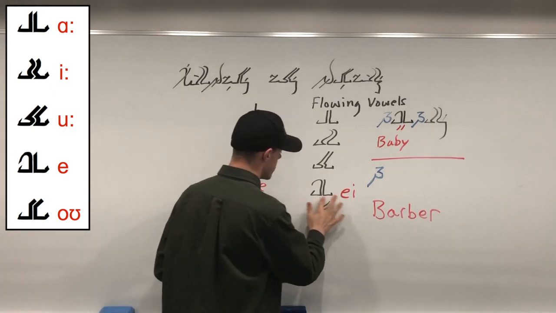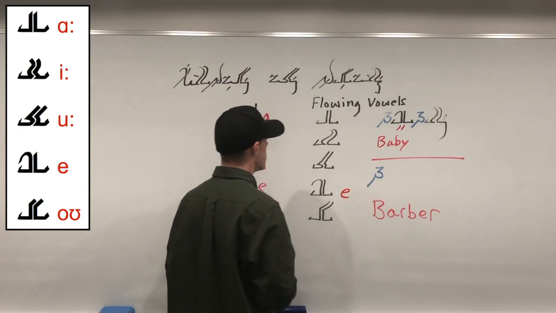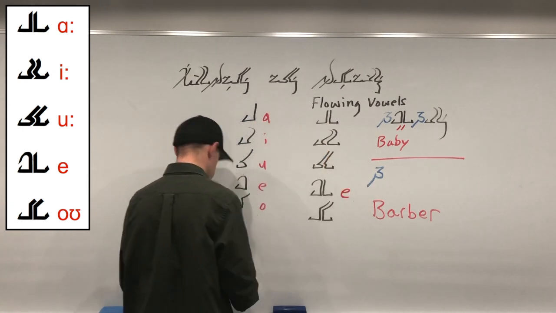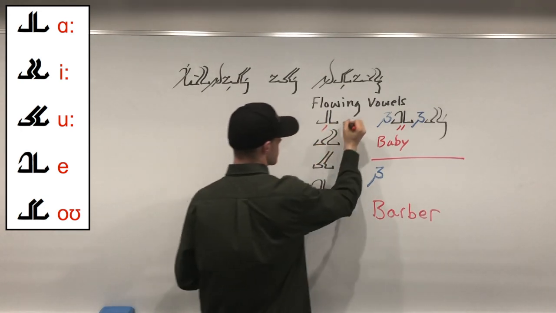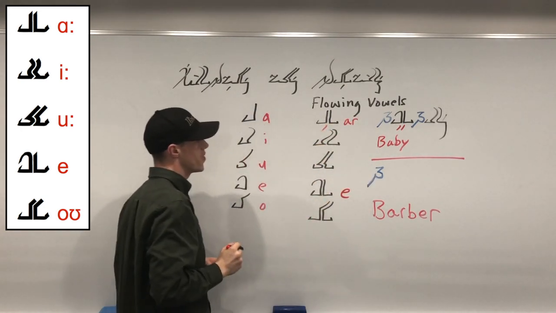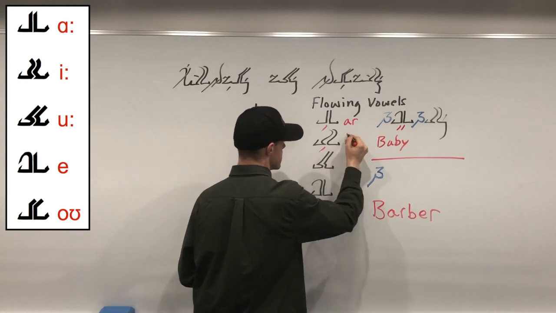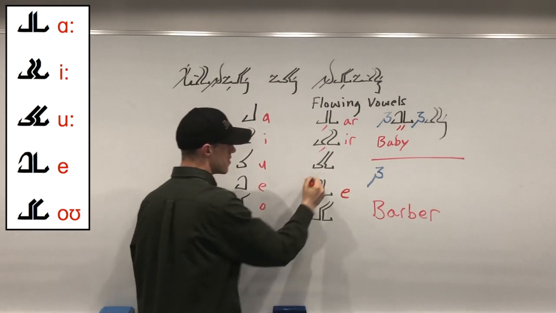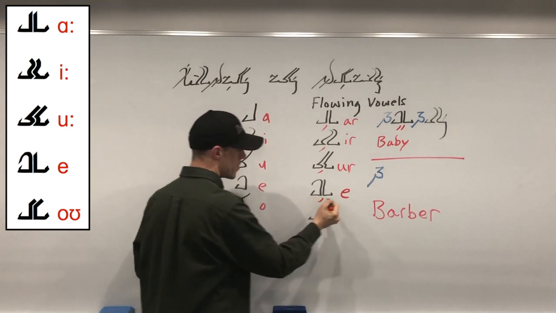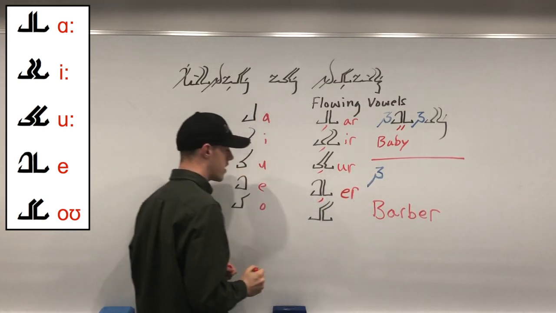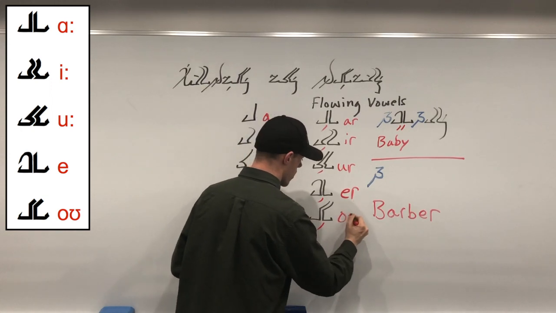And that 1 line gives it the R sound. So if I put a line underneath A, it becomes R. If I put a line underneath E, it becomes ear. A line underneath A becomes air. And a line underneath O becomes or.